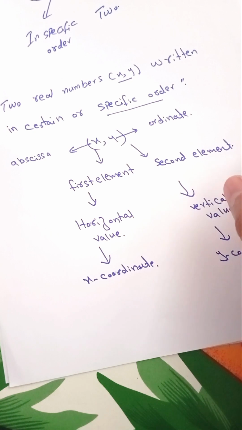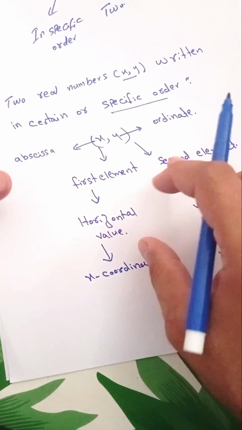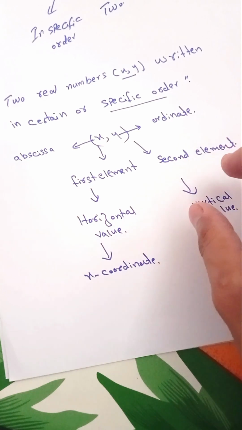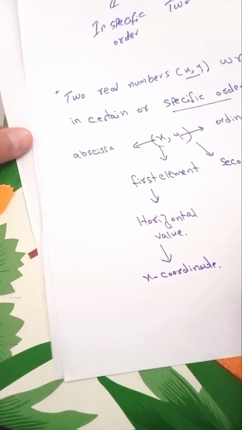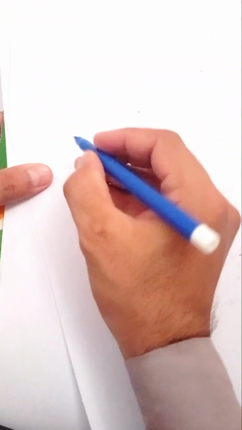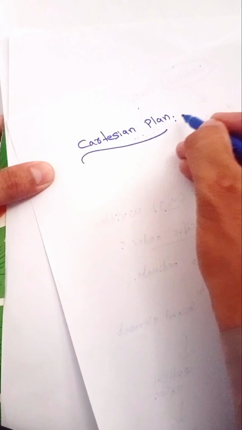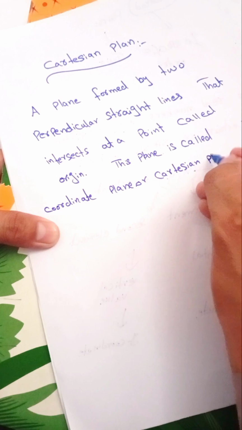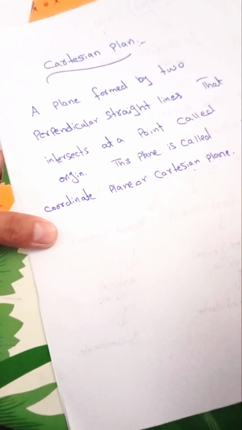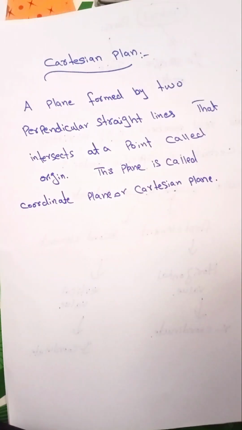Here comes the question: where are ordered pairs used? These ordered pairs are used to represent a point in a certain plane. First of all, let me explain what the Cartesian plane is.